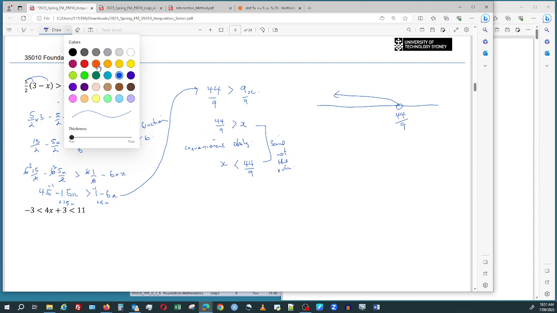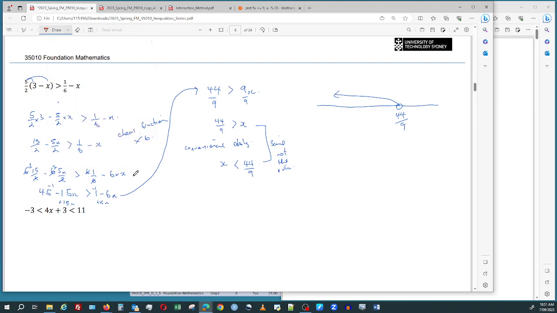Let's take this step out. Let's take this step out and call it 45 minus 15x, 1 minus 6x. Now let's add 6x. Add 6x to both sides. And at the same time, we can subtract 45. How about we do that?